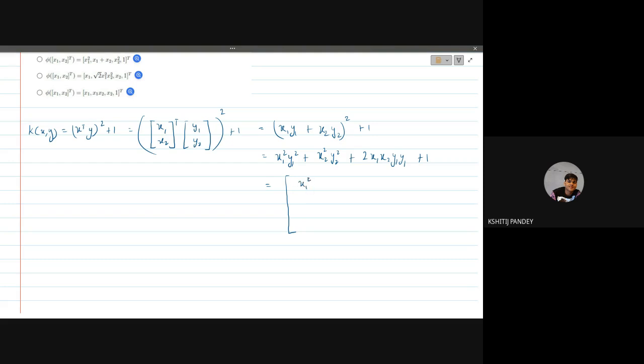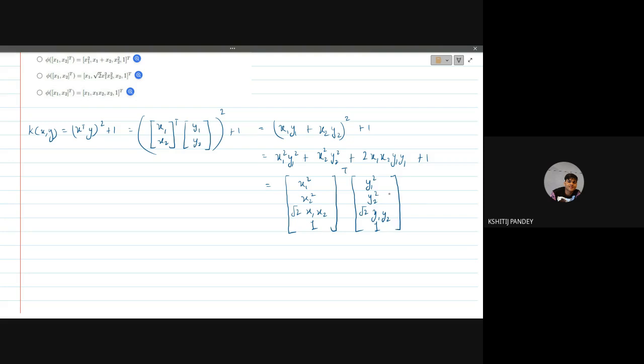So x1 square, x2 square, then here you will split it into root 2 x1 x2, and the last term is simply 1. And the other vector will be y1 square, y2 square, root 2 y1 y2, and the last term is 1.